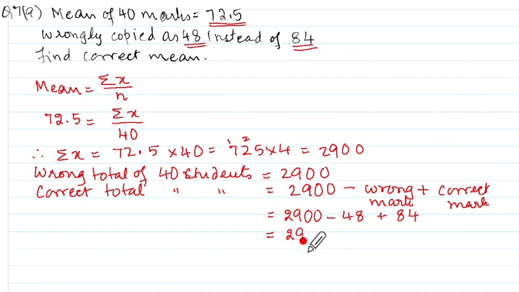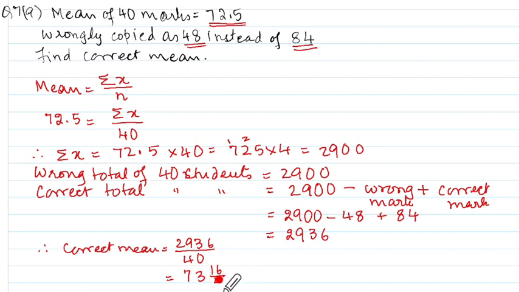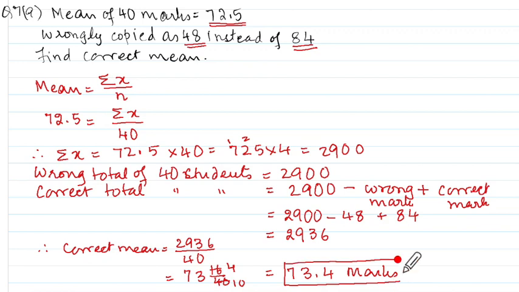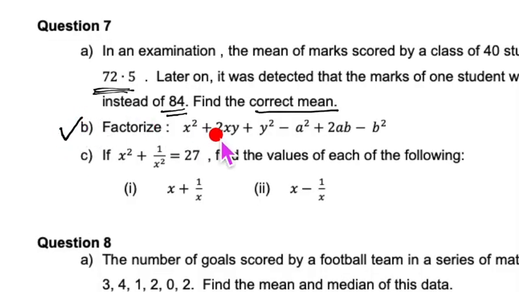That's right, 2936. So the correct mean is the correct sigma x, 2936, divided by 40. That comes out to be 73.4 marks, and this is the correct answer.